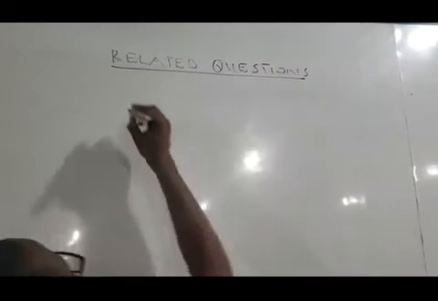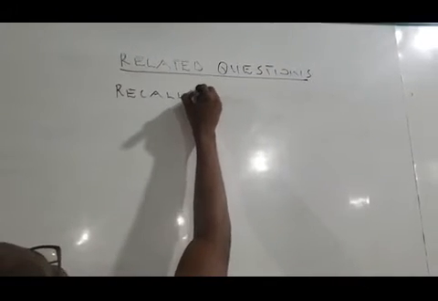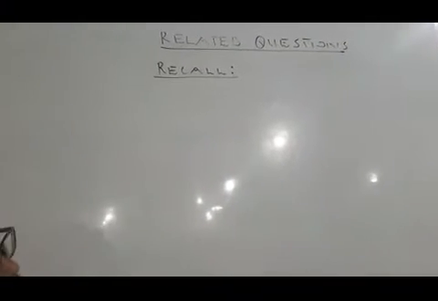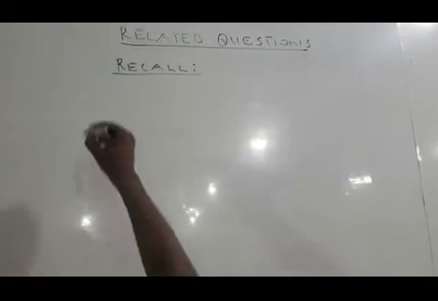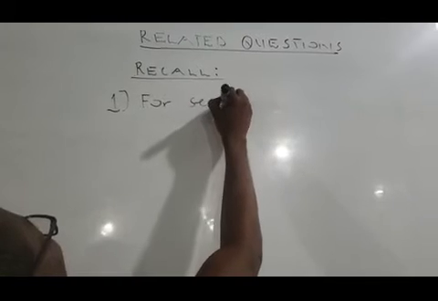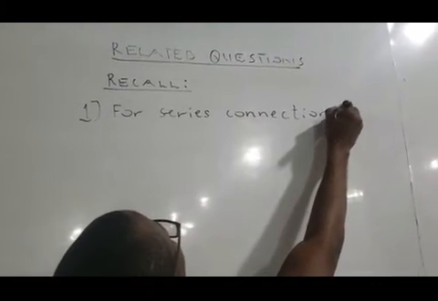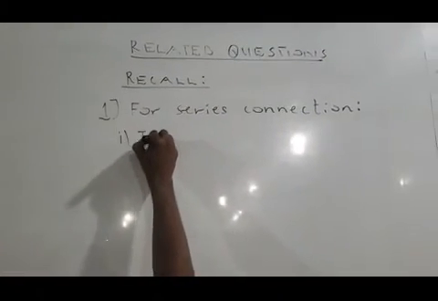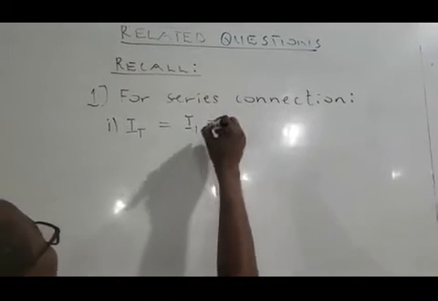Before we look at question 3, recall, we're still going to have a brief review of the equations we have been using during the calculation. We said that for series connection, the total current in the circuit is equal to the current flowing through each resistor.